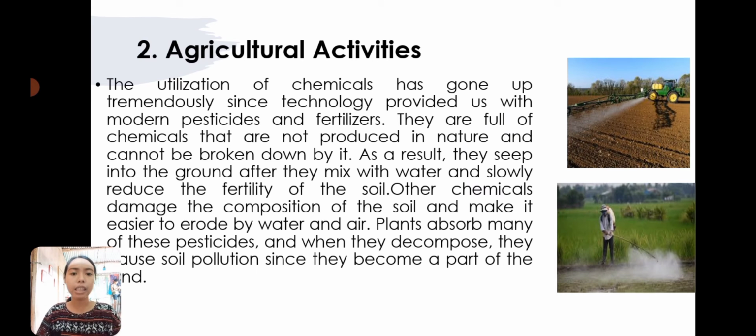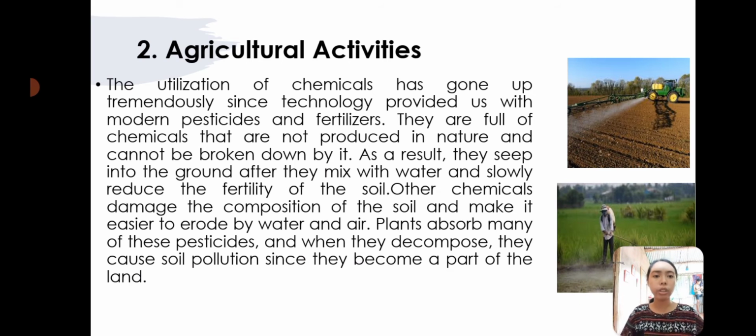Next is agricultural activities. The utilization of chemicals has gone up tremendously since technology provided us with modern pesticides and fertilizers. They are full of chemicals that are not produced in nature and cannot be broken down by it. As a result, they seep into the ground after they mix with water and slowly reduce the fertility of the soil.